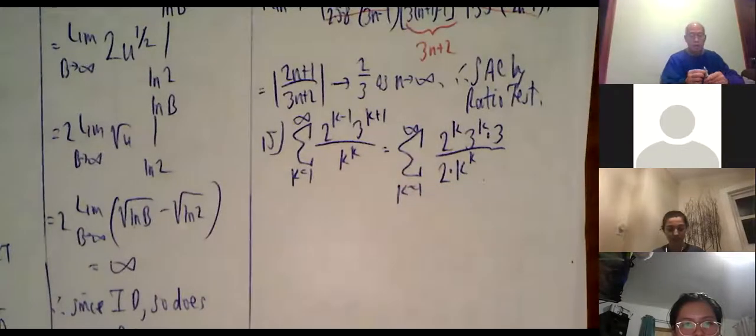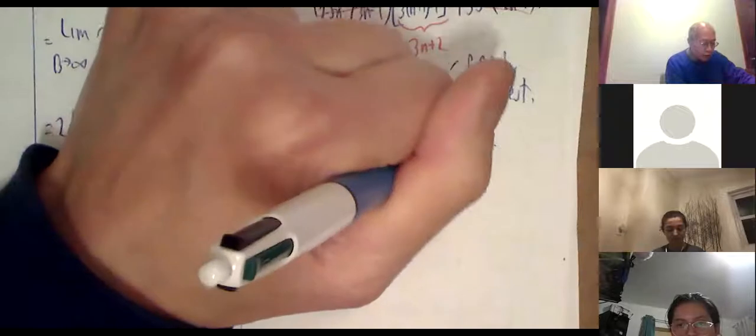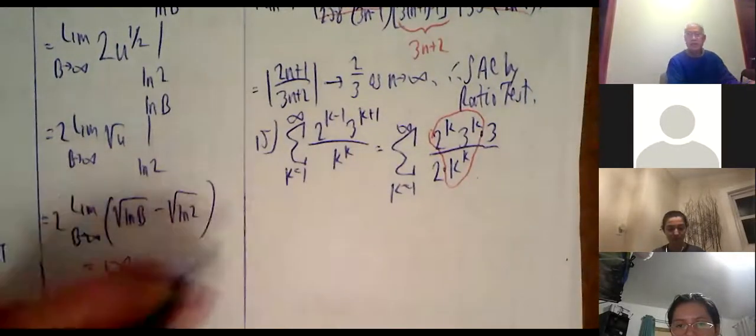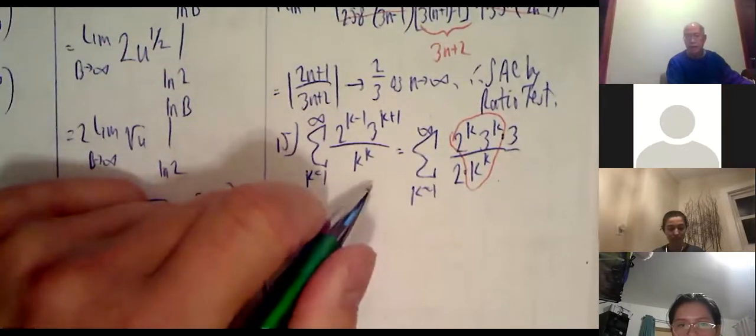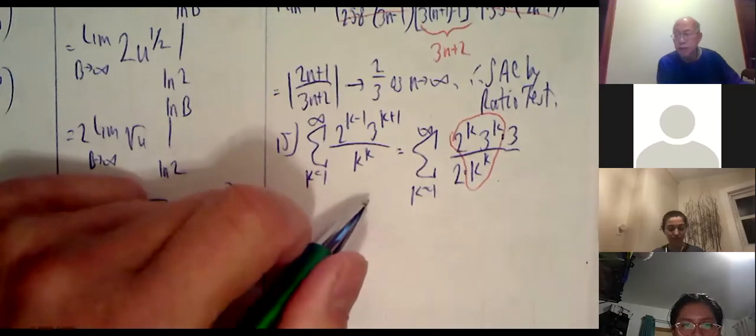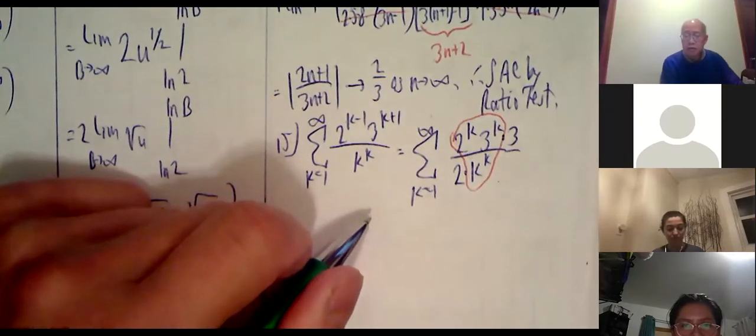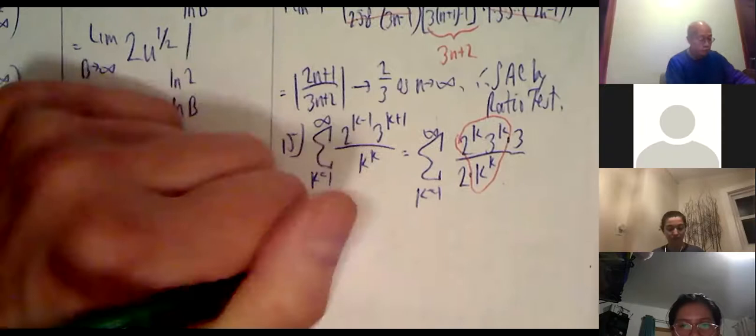So the next thing I'm going to write, I will combine all of these and just leave the 3 halves separate. In fact, you can take the 3 halves outside. You can take a constant out, right? Remember, if you multiply by a non-zero constant, that does not affect convergence or divergence.